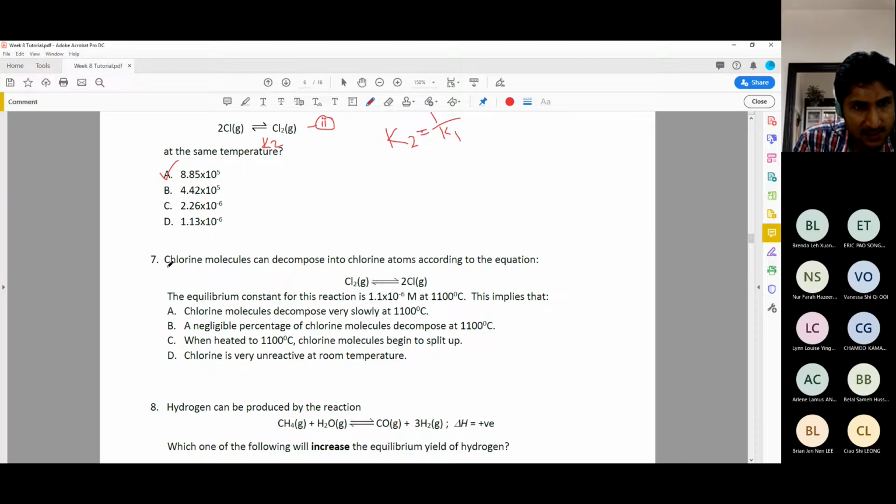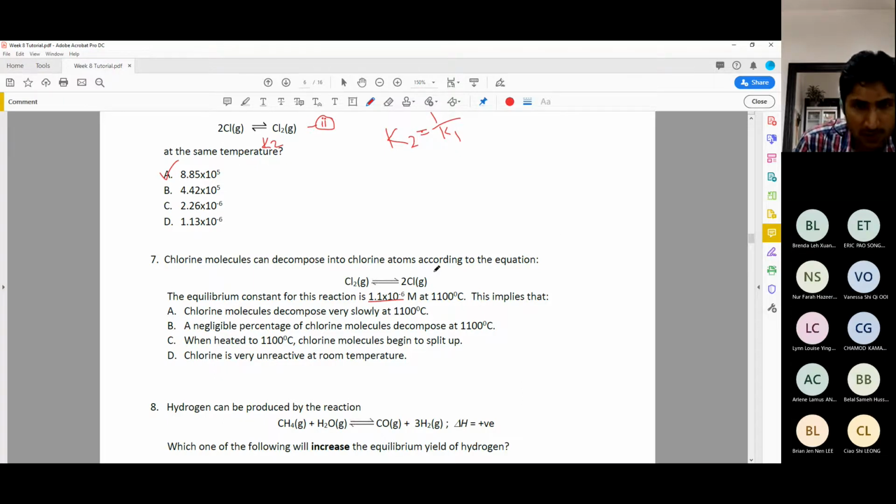Question number 7 says that chlorine molecules can decompose into chlorine atoms according to the equation, right? The equilibrium constant for this reaction is 1.1 times 10 negative 6 molar at 1100 degrees centigrade. This implies that chlorine molecules decompose very slowly at 1100 degrees centigrade. This is the equilibrium constant for this reaction.